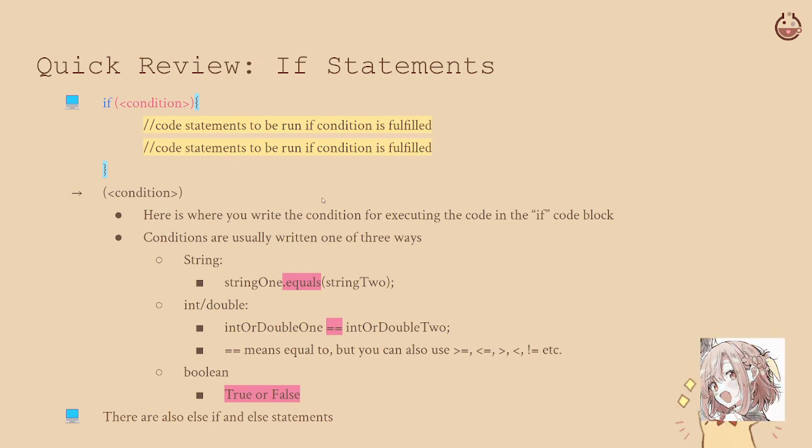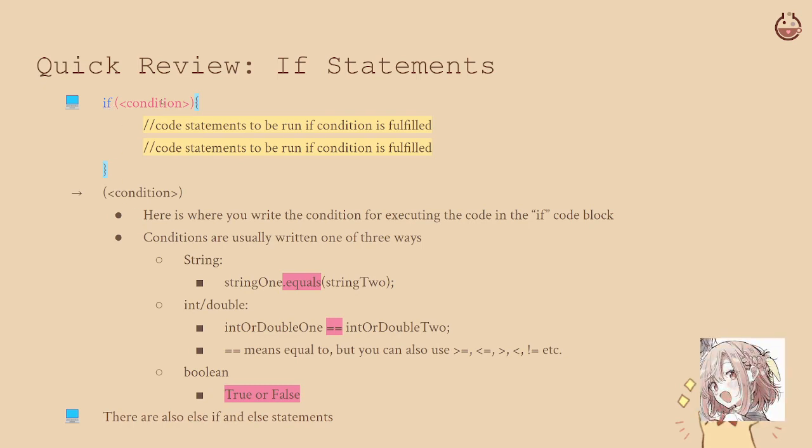Thinking off the top of my head, there's not really many practical applications for this, but technically all these statements are Boolean variables, if you think about it, because if this is true, it's saying that the condition is true, and that's basically a Boolean, true or false.